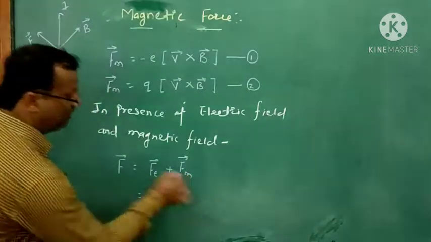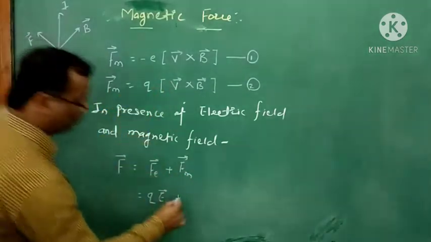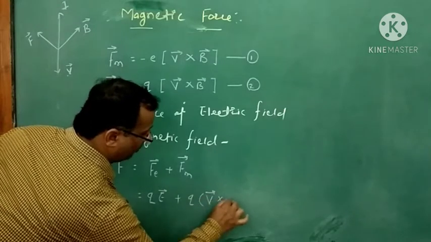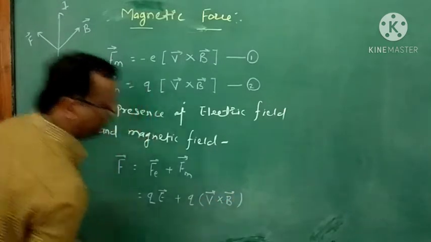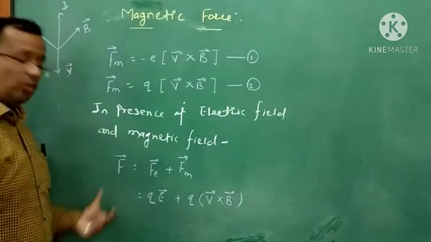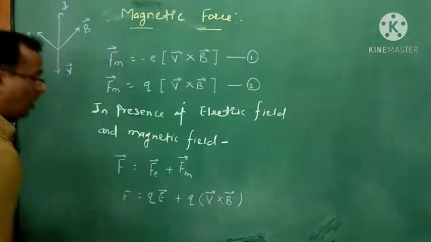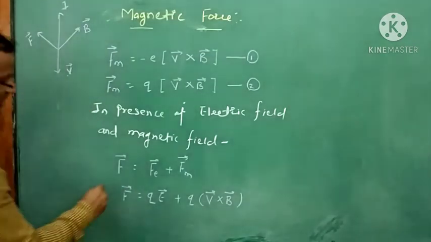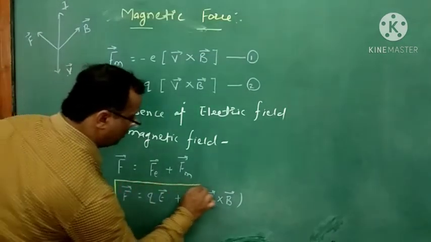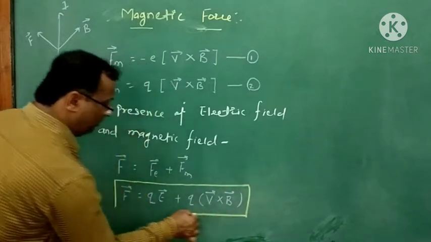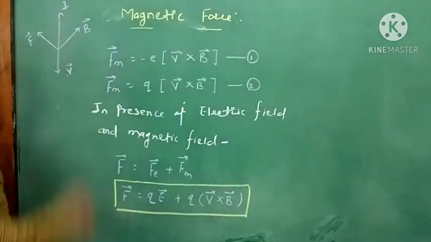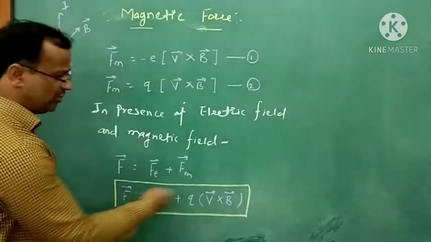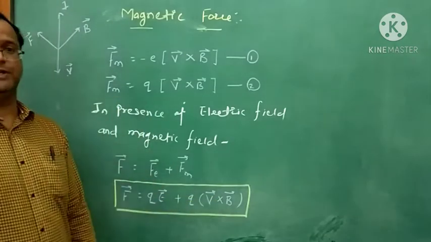And we know the equation of the magnetic force: Q into V cross B. So this is the equation of the total force acting on the charged particle in the presence of electric and magnetic field. Now we want to see the justification of this equation.